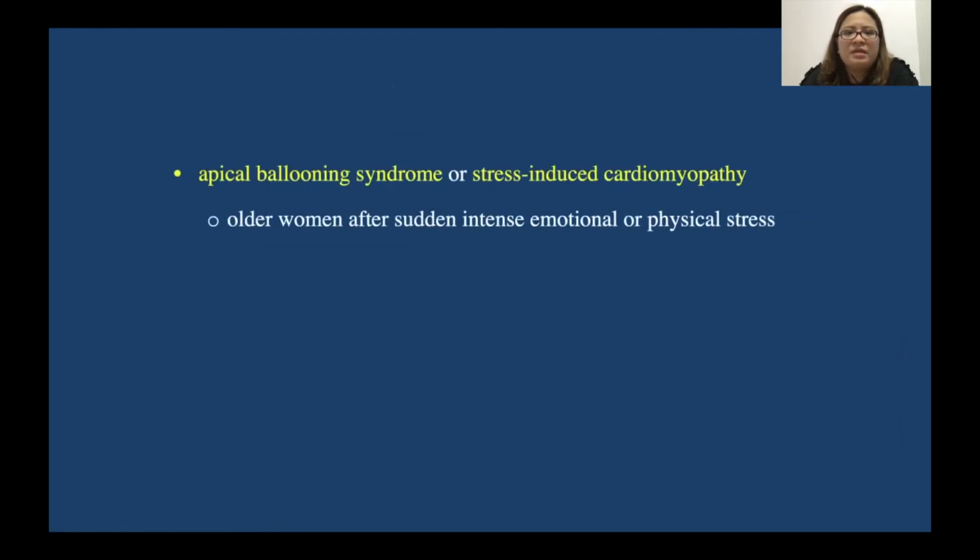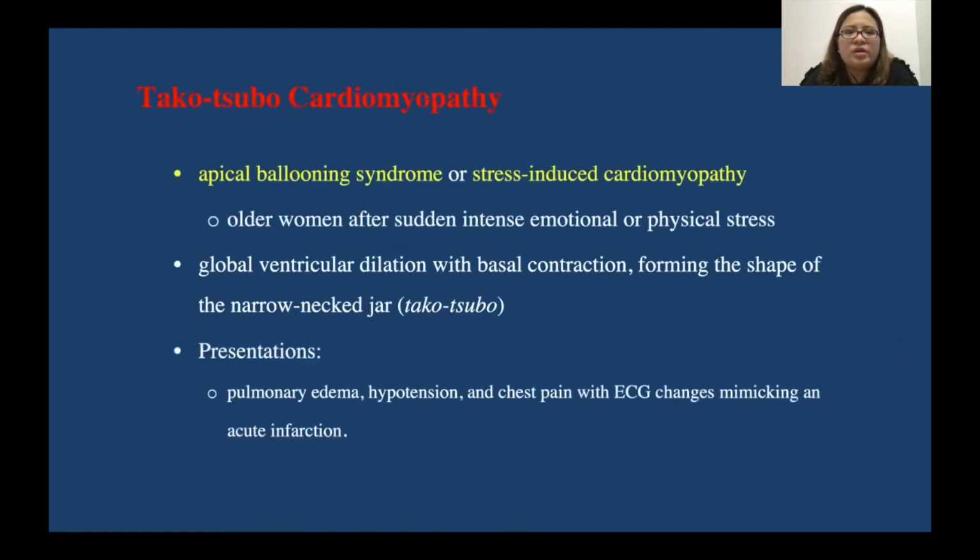Apical Takotsubo cardiomyopathy is another type of dilated cardiomyopathy. It is also referred to as apical ballooning syndrome or stress-induced cardiomyopathy. It is referred to as the apical ballooning syndrome because it typically involves the apical segments of the left ventricle.